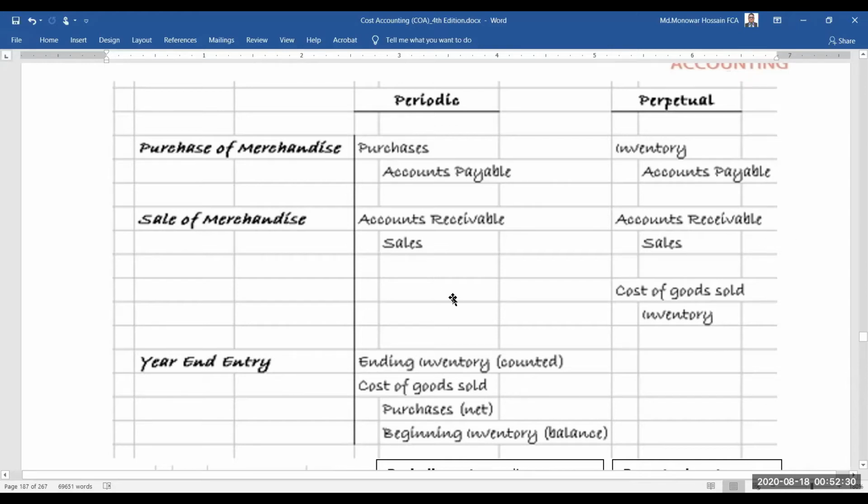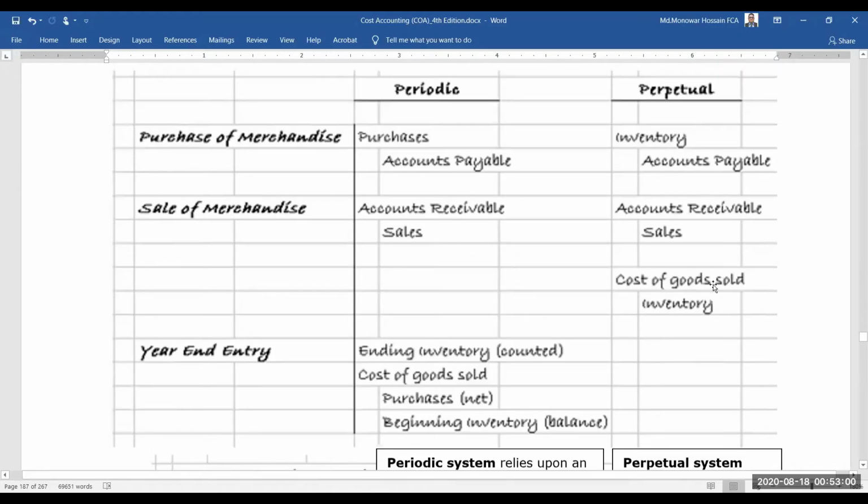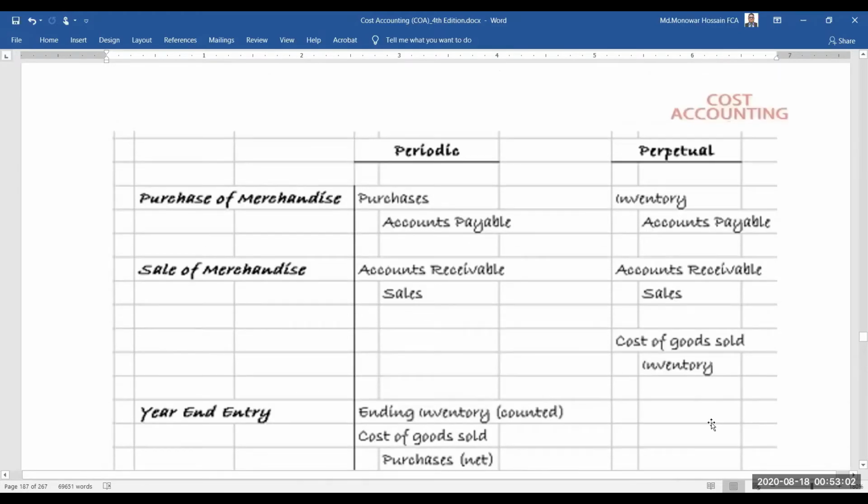In the periodic system there is no further entry, but in perpetual one more entry is made: cost of goods sold debit and inventory credit. At year end, in the periodic system, ending inventory after counting is debited, cost of goods sold is debited, and purchases net and beginning inventory balance are credited. But in the perpetual system, at year end, there is no journal entry.